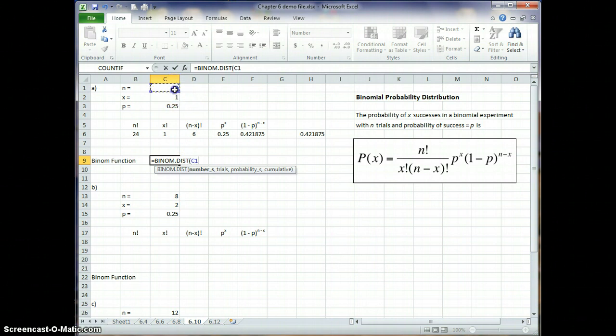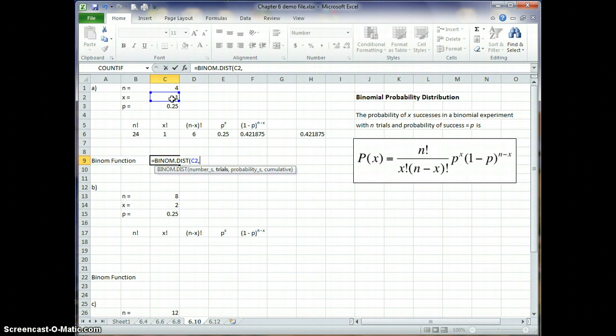So we're going to click up here. Oh wait, I take that back. It would be the number of successes. So we don't want n, we want the x.